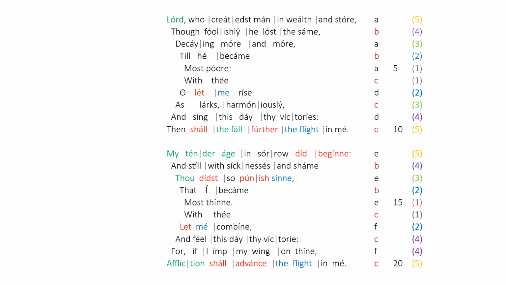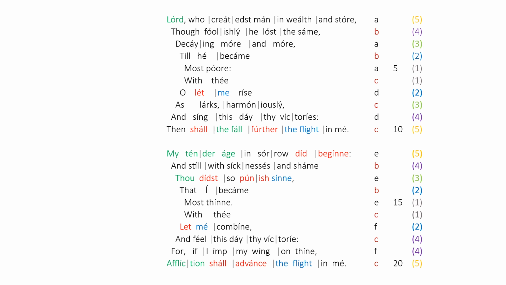All right, so here we see the sorrow of the beginning of the age of the speaker. So we have mankind created in wealth and store. However, the speaker begins his age in sorrow, in the most poor condition of man. My tender age began with that, in sorrow.